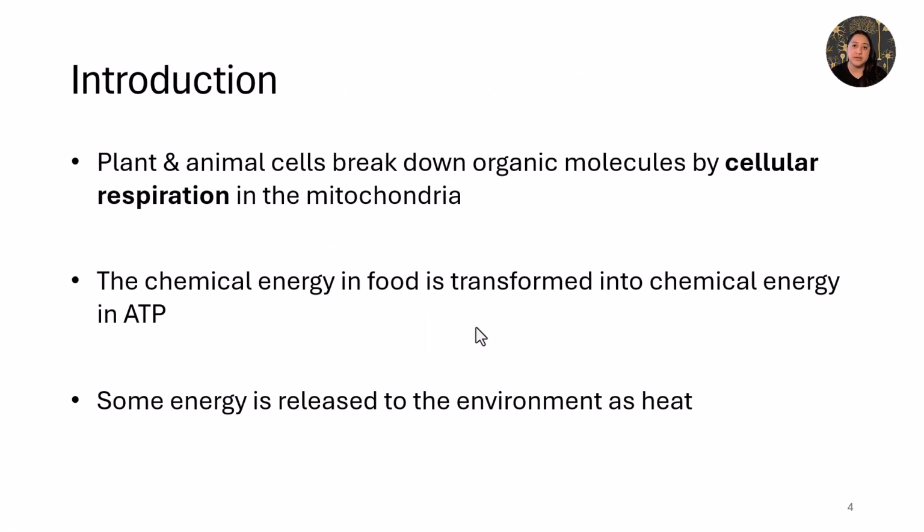So plant and animal cells break down organic molecules by cellular respiration in the mitochondria. Plant cells can make their own molecules through photosynthesis using the help of energy from the sun, and then they can use it because they have mitochondria too. So plant and animal cells break down organic molecules by this process called cellular respiration inside the mitochondria. And so the chemical energy that is in food is transformed into chemical energy in ATP. So we take that energy and harness it in bonds, right?